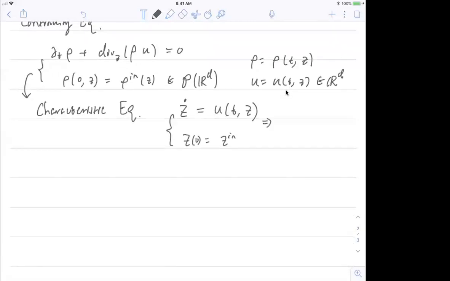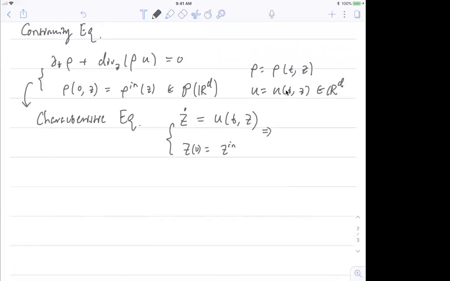If U is explicitly known, we can solve this ODE explicitly. But sometimes, like in the mean field dynamics, U actually depends on the law of z itself, so probably we cannot solve that explicitly just by the ODE itself. But let's assume we can solve this flow.